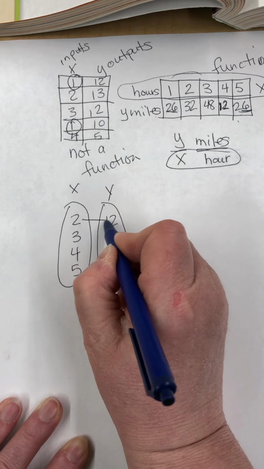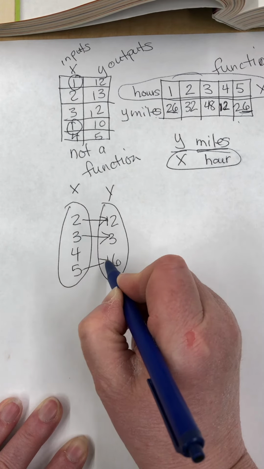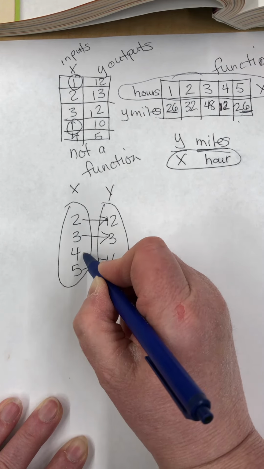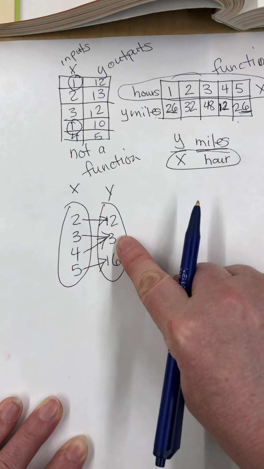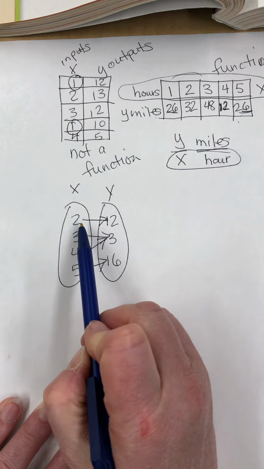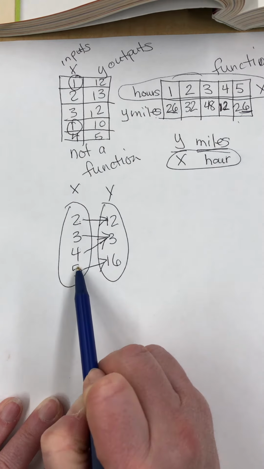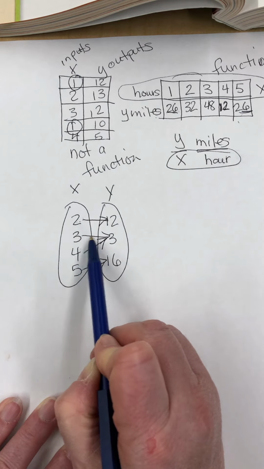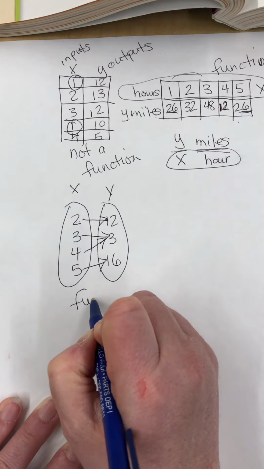So if I have an arrow that goes from 2 to the 12, 3 to the 3, 5 to the 16, and then I have 4 that goes to the 3, this is okay because the thing that's repeating is the y. You're looking for whether there is more than one arrow coming off of your x's. So there's one arrow, one arrow, one arrow, one arrow. So this is a function.